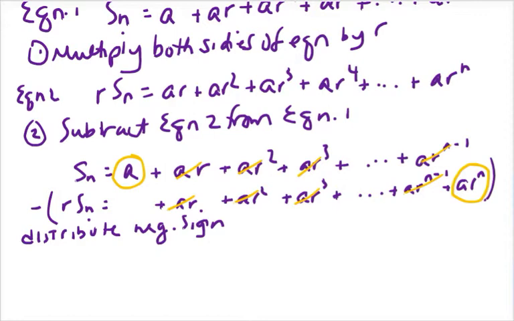So the result of this is Sn minus R Sn equaling A plus A R to the n. And let's factor out like terms, and I get Sn times 1 minus R, and I'm going to factor out an A, and I get A times 1 plus R to the n.